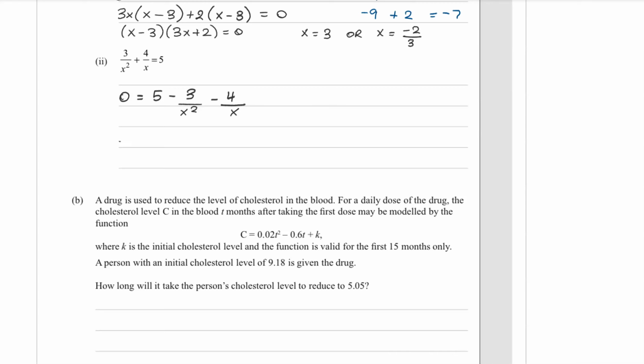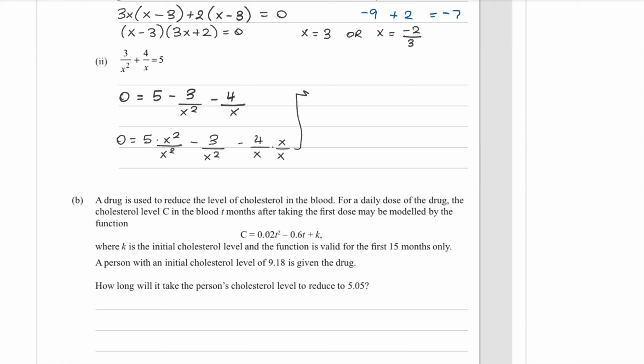So what I'll do is I'll multiply 5 with x squared over x squared. I'll leave 3 over x squared as it is, and I'll multiply 4 over x with x over x. So I've got x squared as my common denominator.